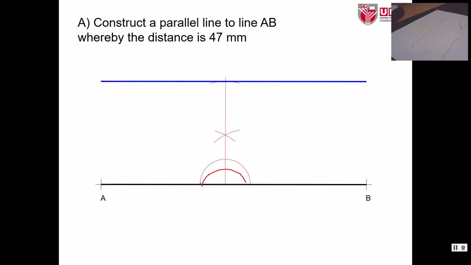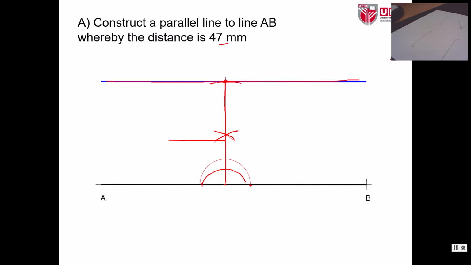After that, from this point you are going to draw this line, and from this point you're going to draw a line, and this is also up to you, so that you can get a point where you can draw a perpendicular line like this one, and then set another 47 mm from here to here to see the point where it touches the line, and then you can draw the parallel line after that.